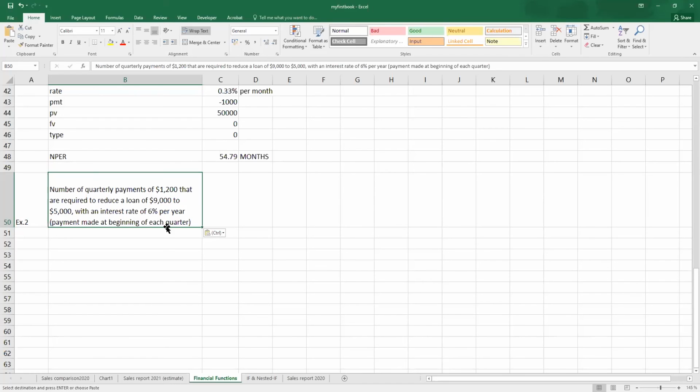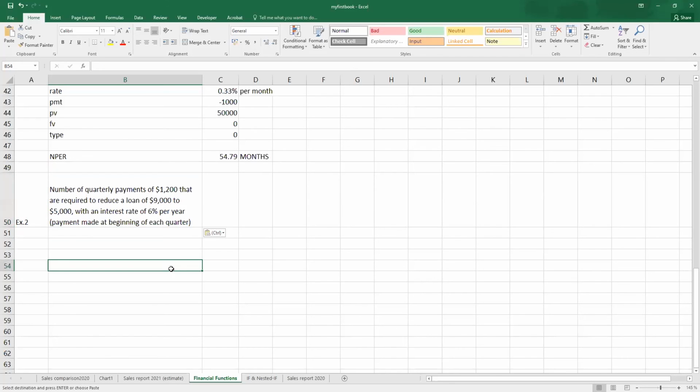The interest rate is 6% per year and you pay at the beginning of each quarter. I'll give you 5 minutes to calculate the number of quarters.